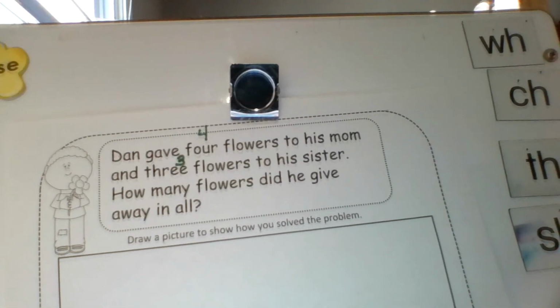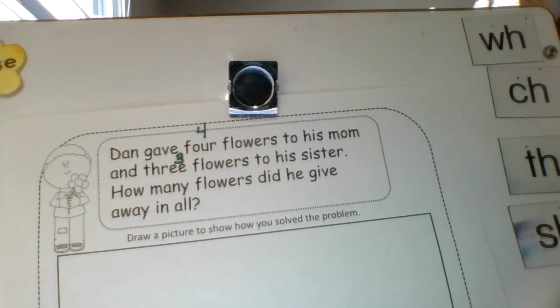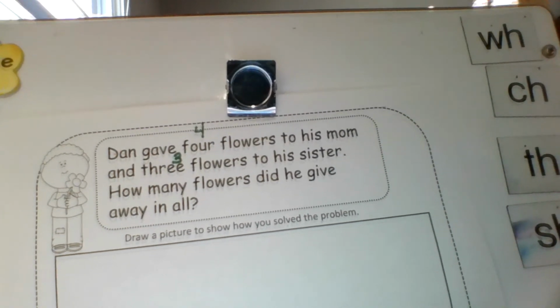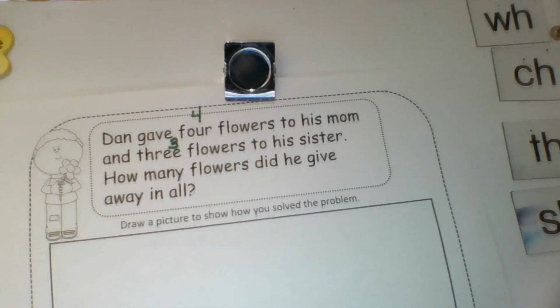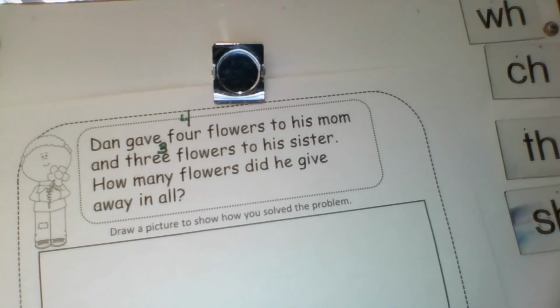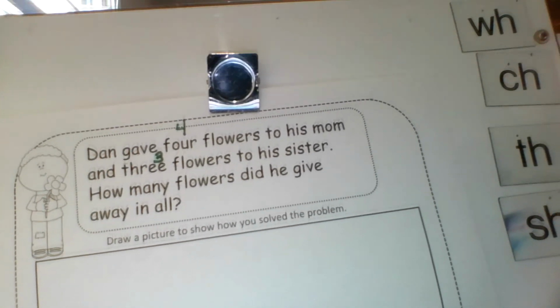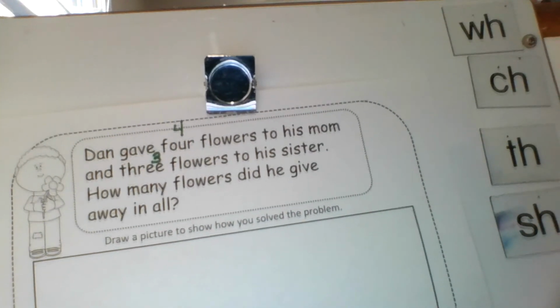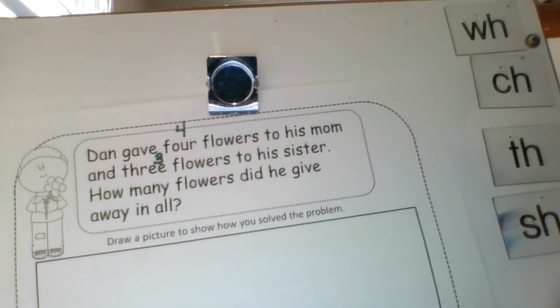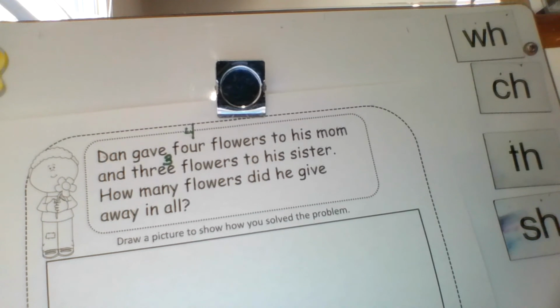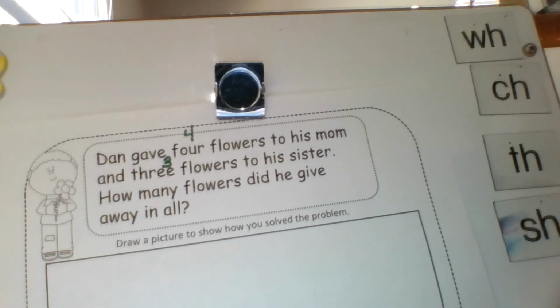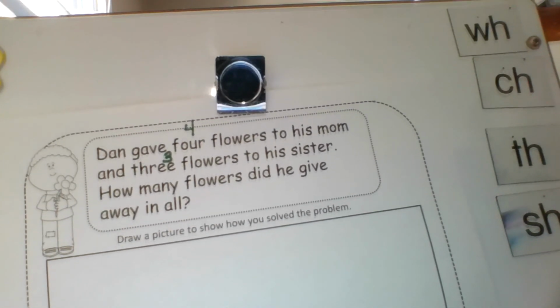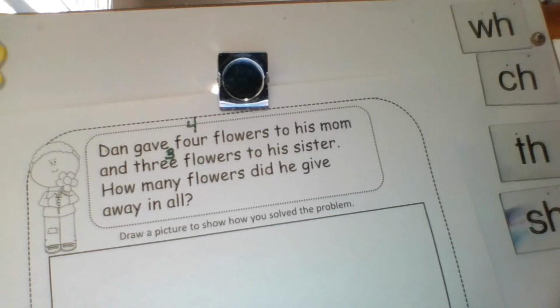Dan gave 4 flowers to his mom and 3 flowers to his sister. How many flowers did he give away in all? So remember, it's asking how many in all, so you're going to plus. Okay, see if you can figure that out with a picture and an equation.